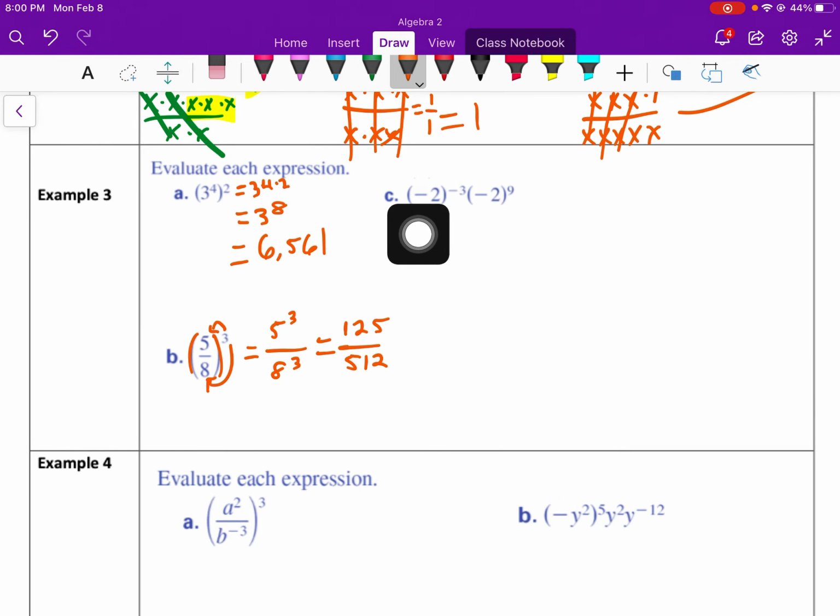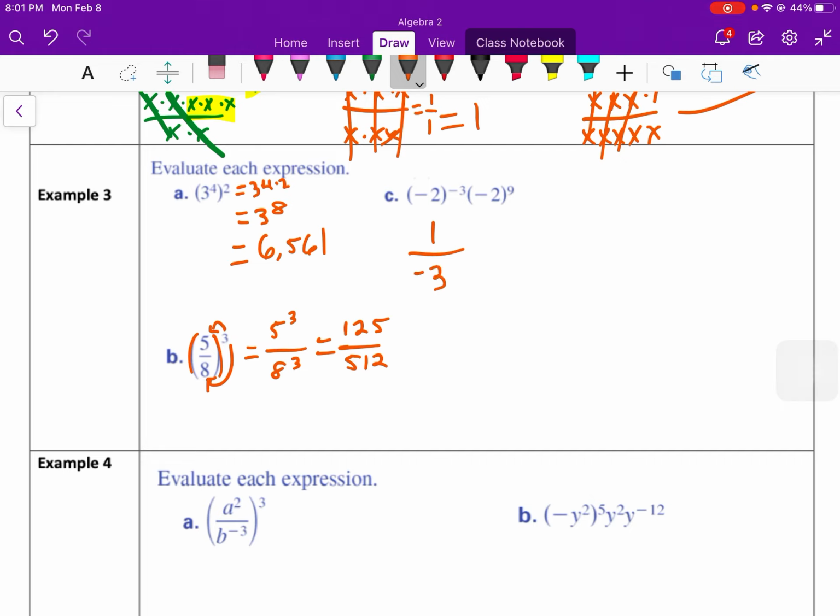In this case, now it's negative 2 to the negative third power times negative 2 to the ninth power, but we have the bases are the same. So since we have a product and our bases are the same, we could add them together, or since this is a negative exponent, we can do the reciprocal.